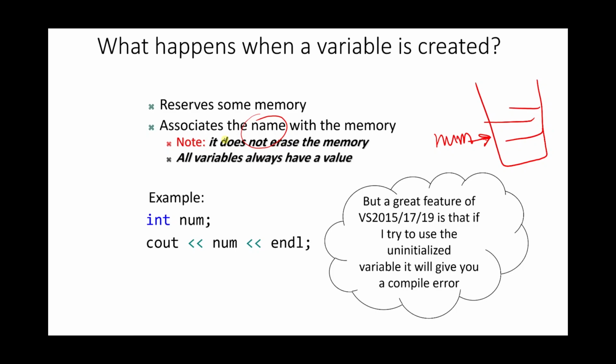If I use older compilers with just this statement, int num, defining a variable and then printing that variable, it is going to show me a garbage value. Remember the garbage value we just talked about?